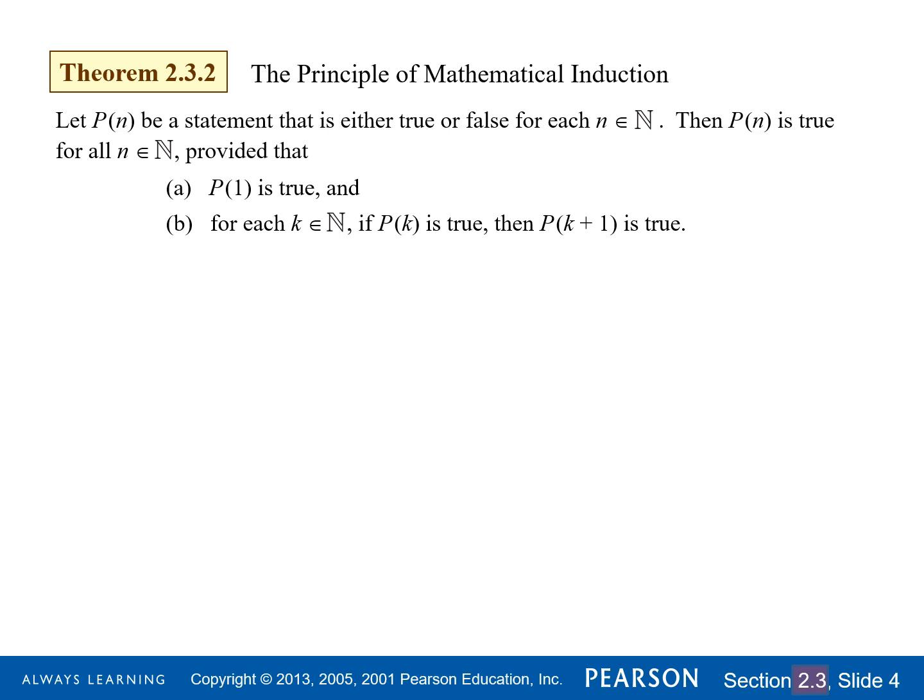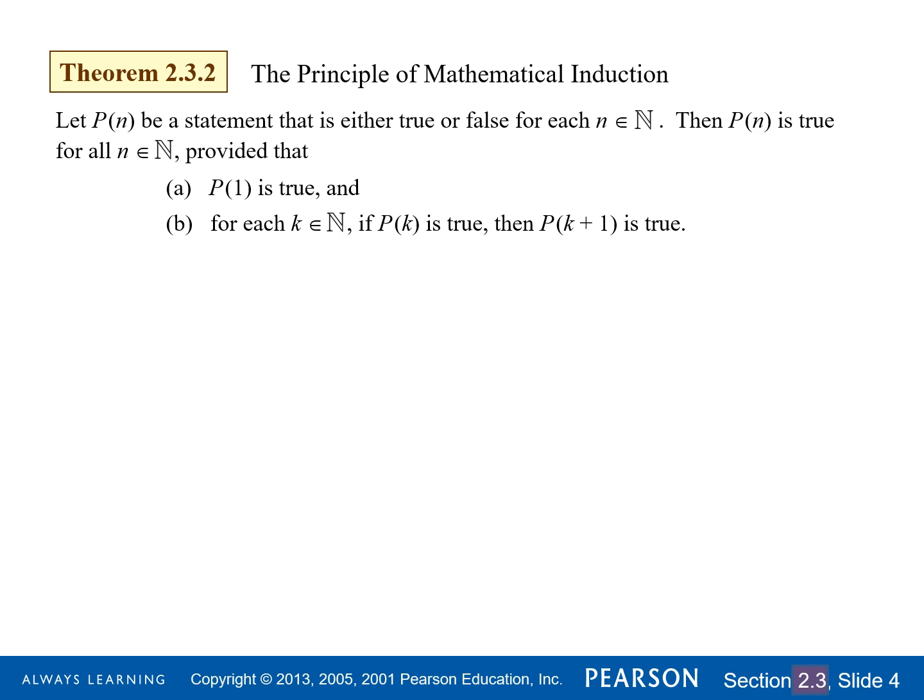That means n belongs to the set of natural numbers. Okay, so the statement Pn here will be true for all n in the natural numbers, provided that we have the following two conditions. The first one, P1 is true.